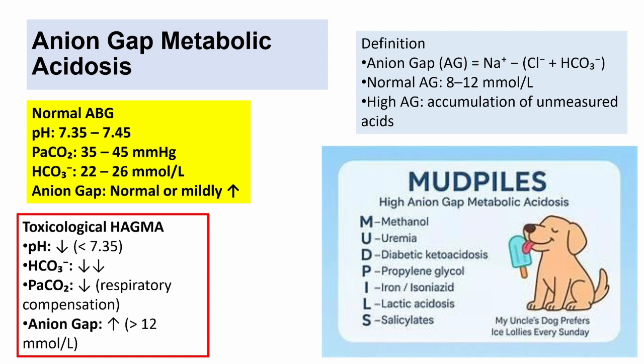Methanol, diabetic ketoacidosis, salicylate and iron, especially, causing a higher metabolic rate and metabolic acidosis.